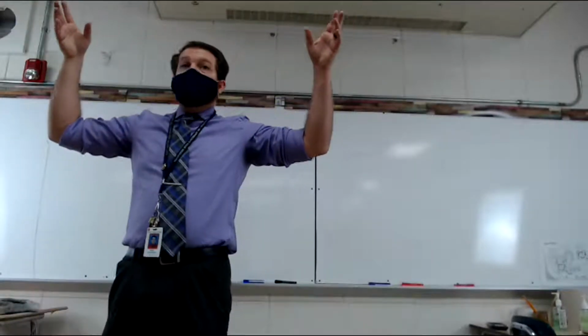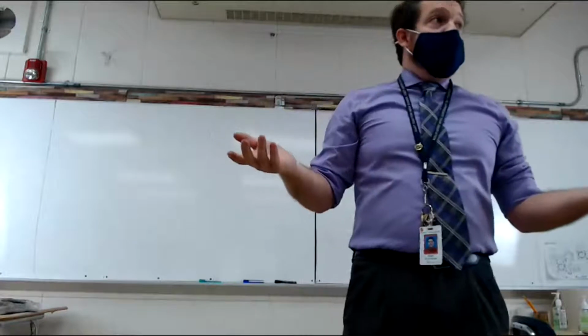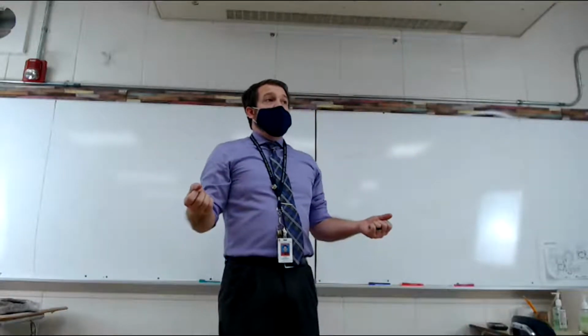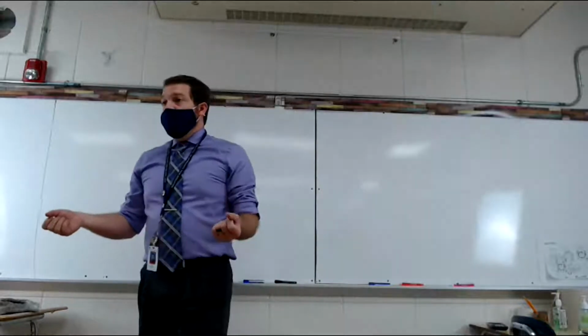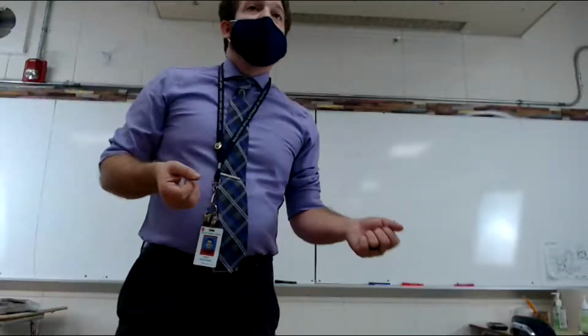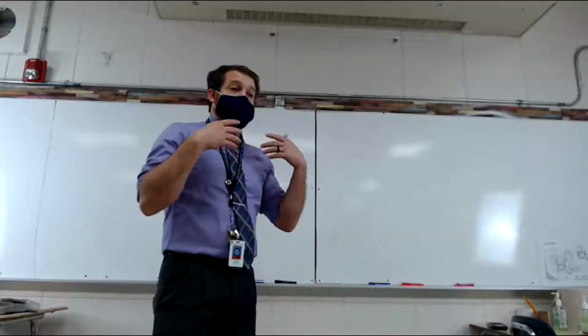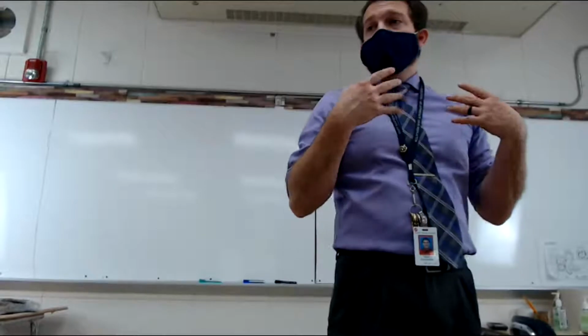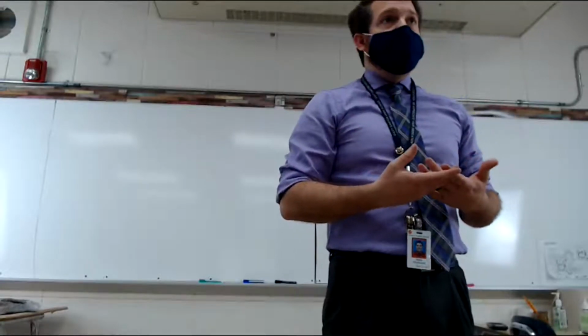Concave up means mins, concave down means maxes. If it is 0, then the second derivative test is going to fail, and therefore we must go back to the first derivative test. Does that make sense? This isn't that different than what I was already telling you before, but I just want to make sure that we're clear. Okay?